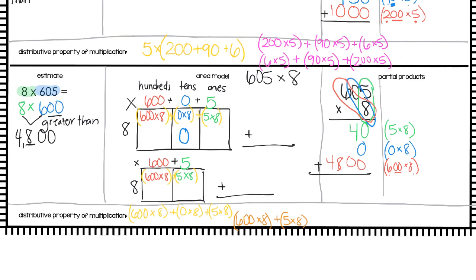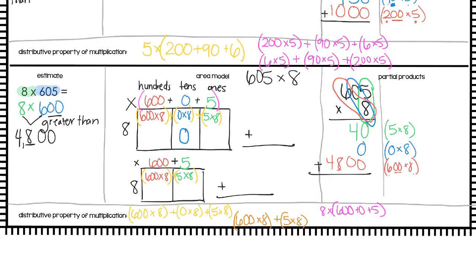Then we can also say, well, I know that I could also multiply 8 times 600 plus 0 plus 5. So because 605 is one number, I'm going to keep 600 plus 0 plus 5 together and then multiply it by 8. Likewise, I could do the same thing for this area model.